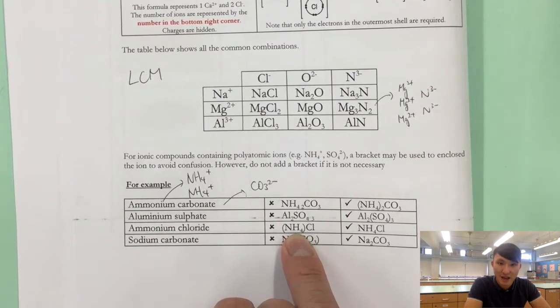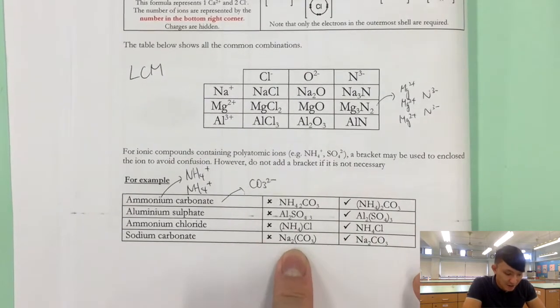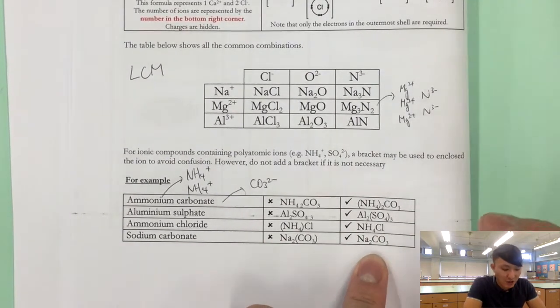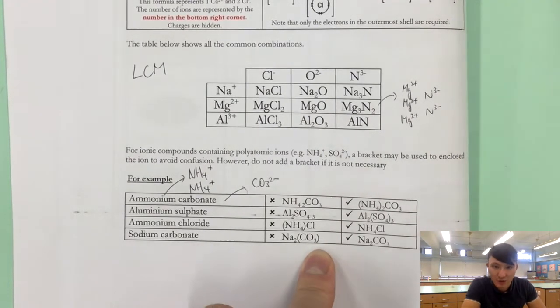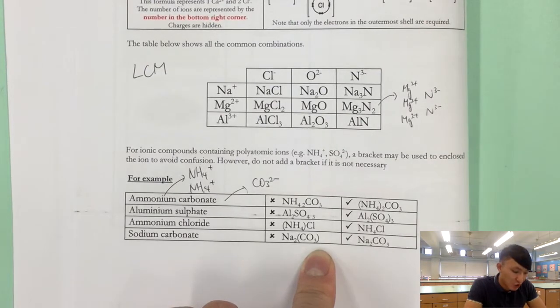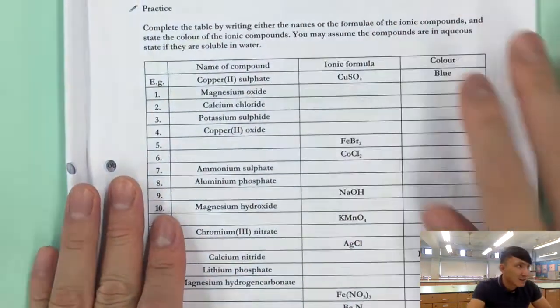We don't have any confusion arising from this representation. Down here, similar idea. No need to add a bracket for examples that won't stir up any confusion. So this is how we put down the ionic formulae, and of course it will be your practice time.